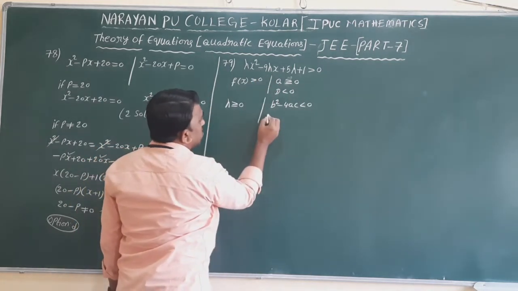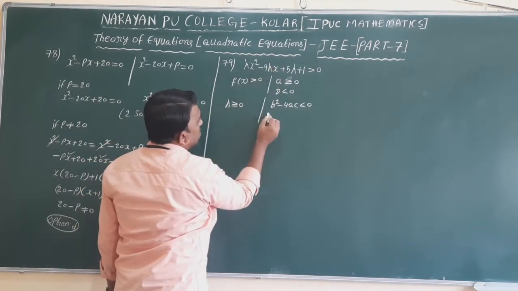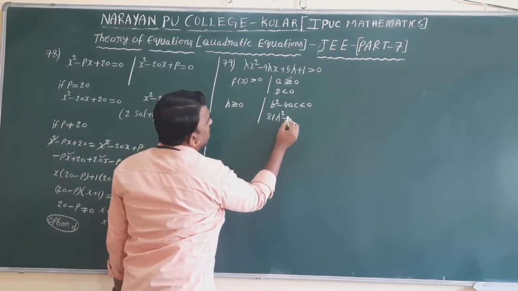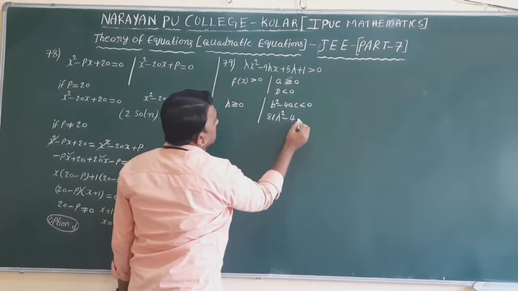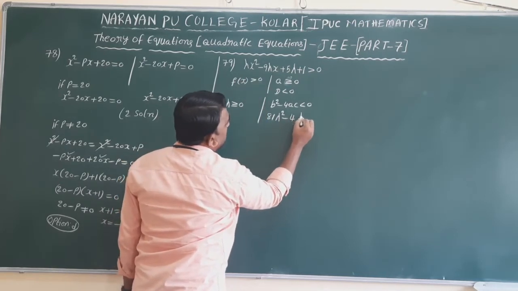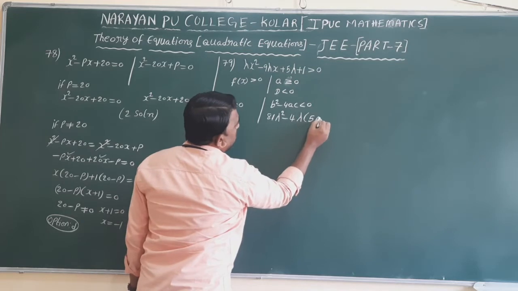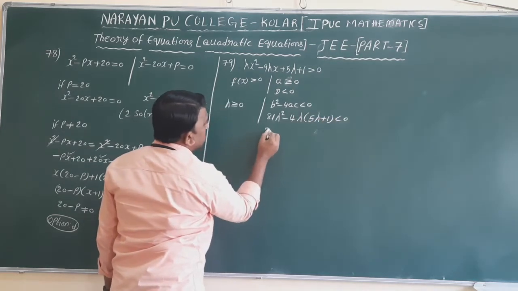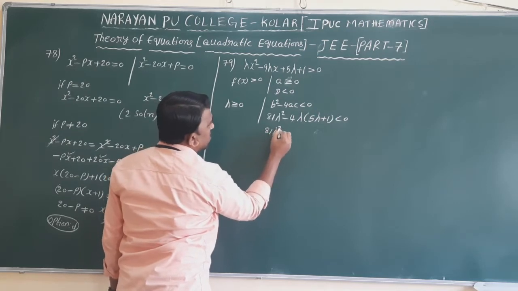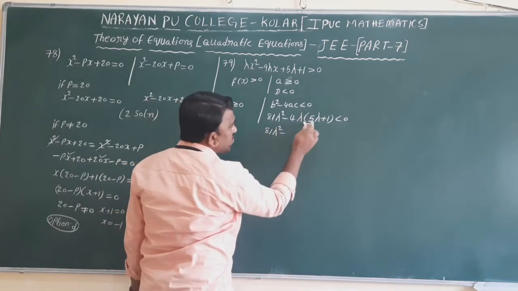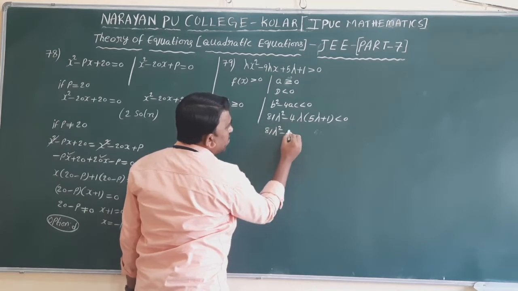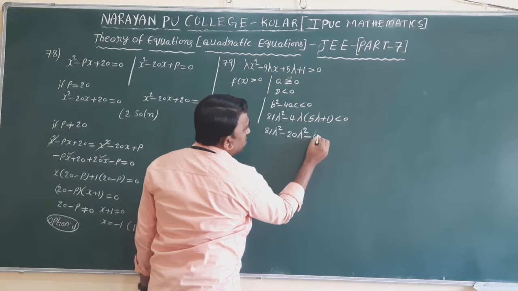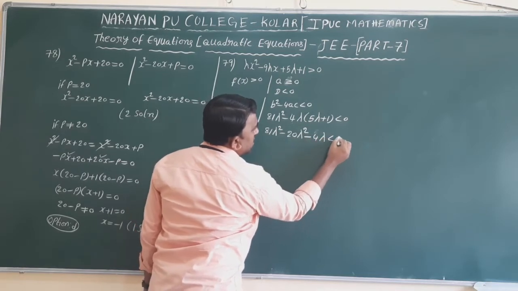So b square is minus 9 lambda whole square, 81 lambda square, minus 4 into lambda into 5 lambda plus 1, is less than 0. Simplify this: 81 lambda square minus 20 lambda square minus 4 lambda is less than 0.